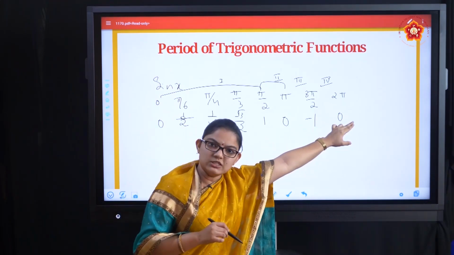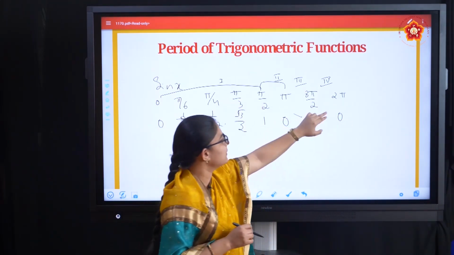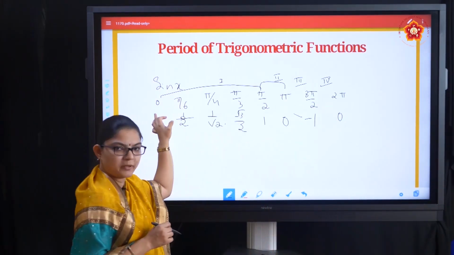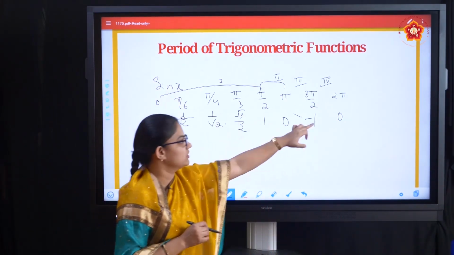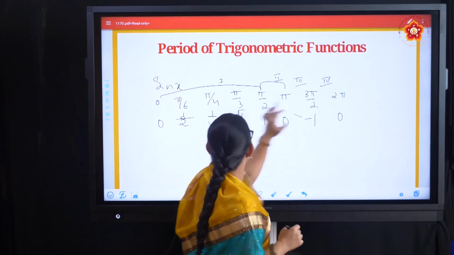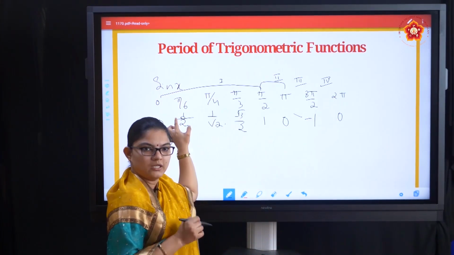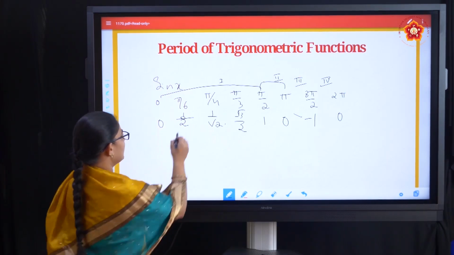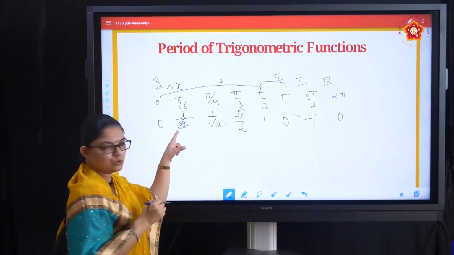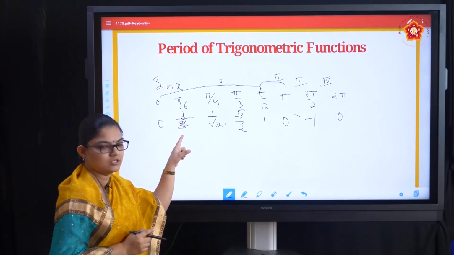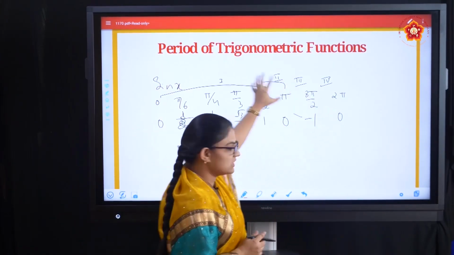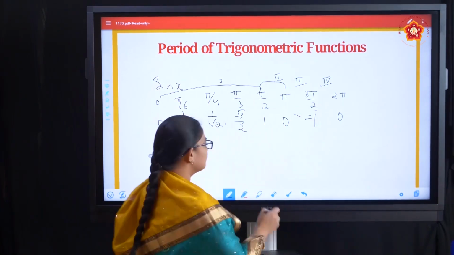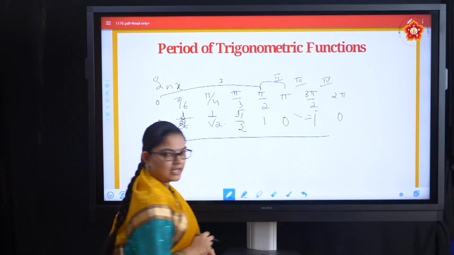So we see different values for sine from 0 to 2 pi. But if you consider after 2 pi, that is 2 pi plus some angle, suppose 2 pi plus 0, it will be same as 0 only. And if we consider 2 pi plus pi by 6, that is 360 plus 30, it will take the same value as 30 degrees. The value is unchanged after 2 pi; the value of the sine function repeats after 2 pi. It follows the same values.